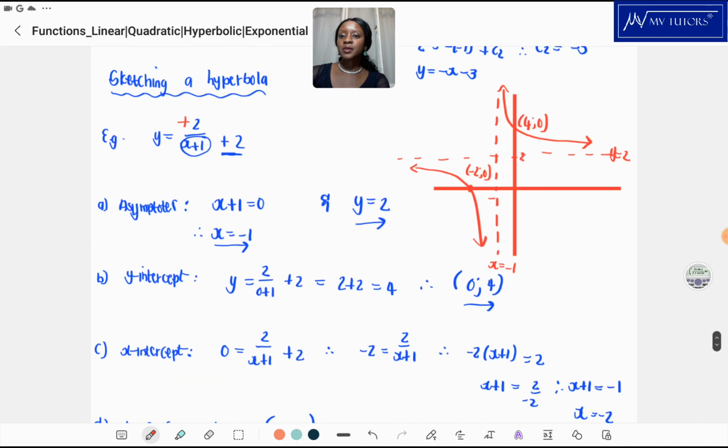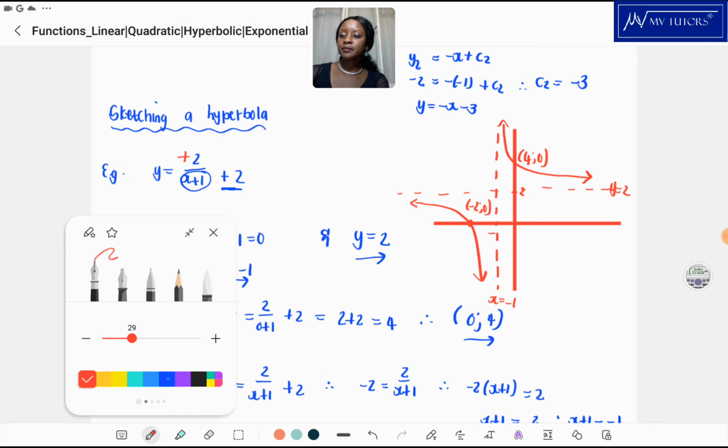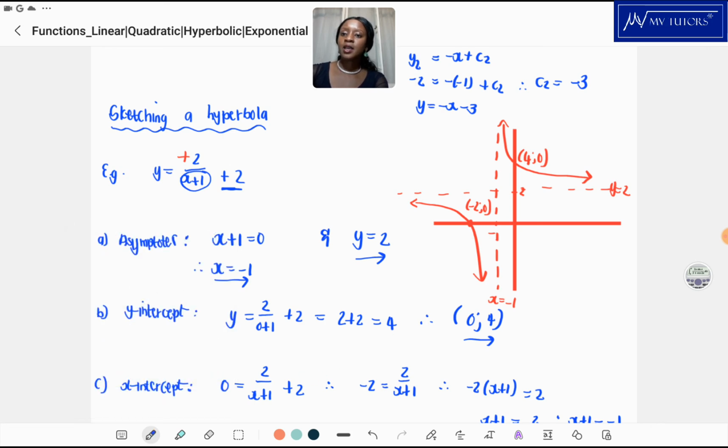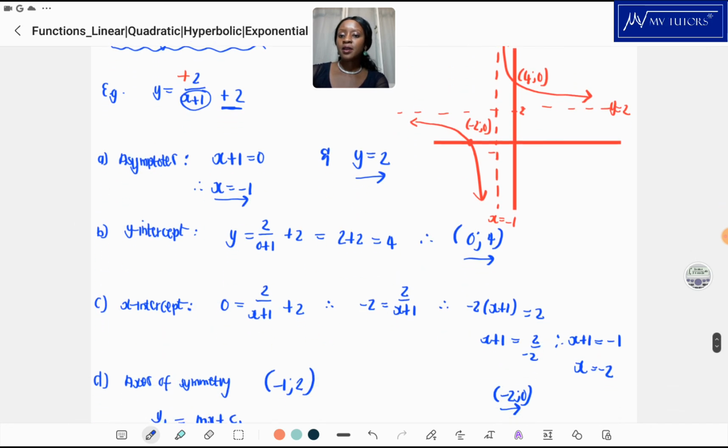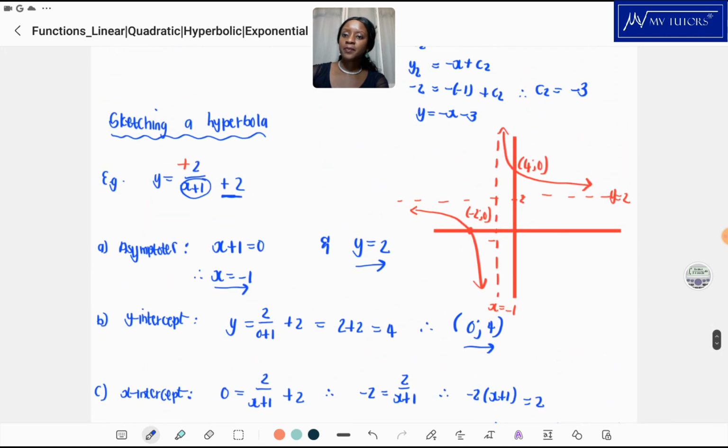The axis of symmetry. Those I'm going to put in a different color. So I have y is equal to x plus 3. This is the one going up. x plus 3 does something like that.